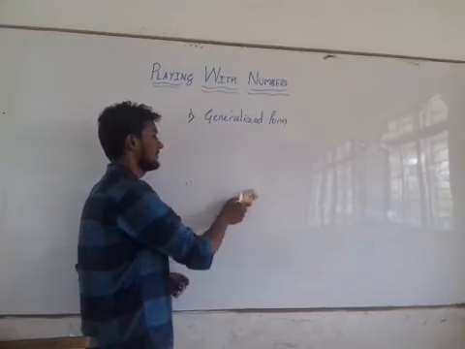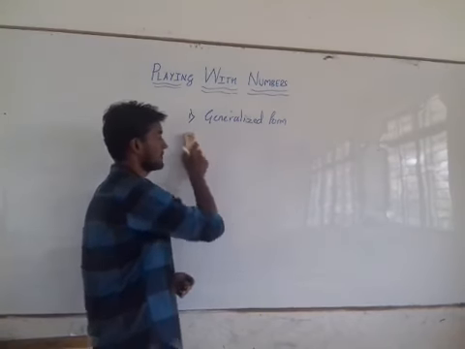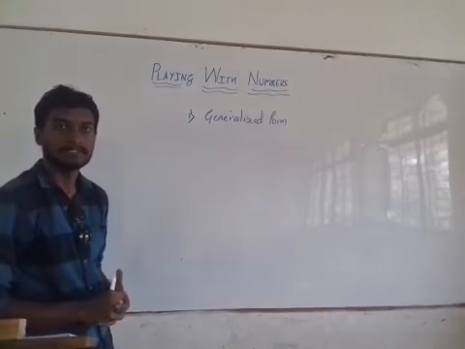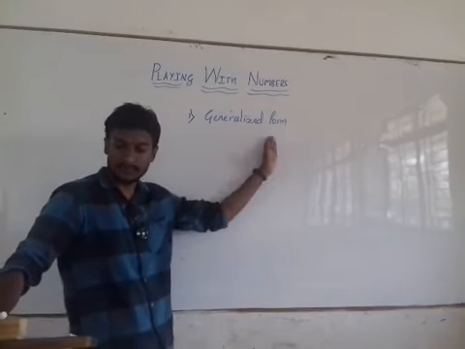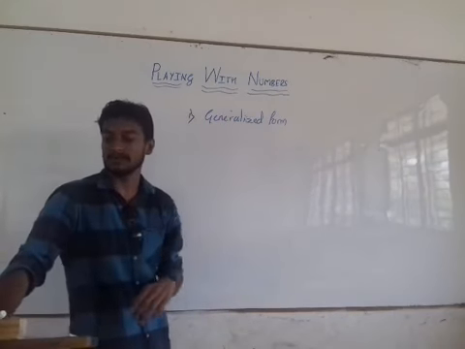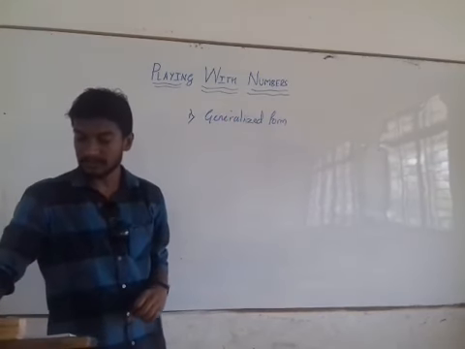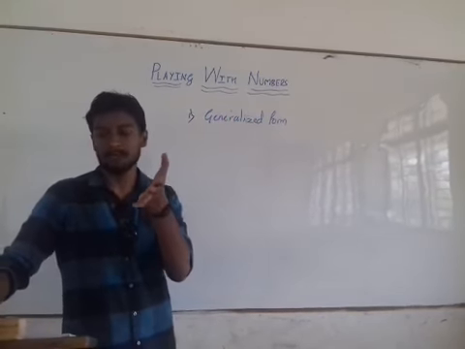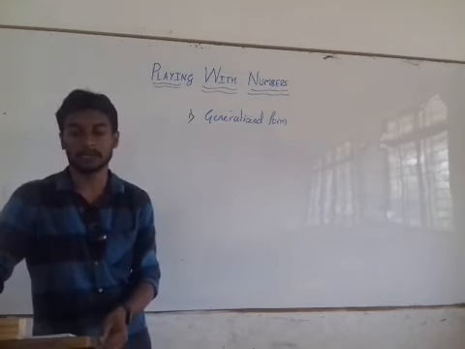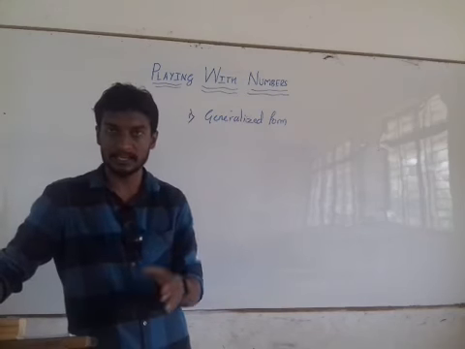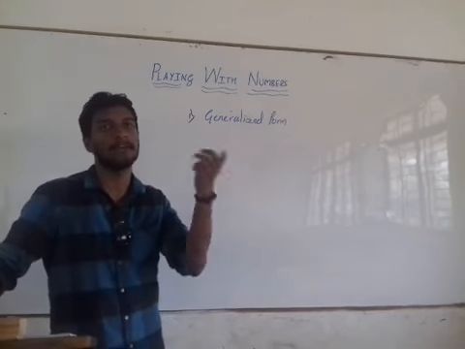This generalized form you have already studied in the previous classes, and again you have got this in the 8th standard. So what does generalized form mean? A number is said to be in generalized form if it is expressed as the sum of the products of its digits with their respective place values.